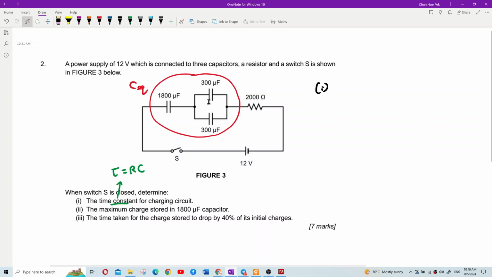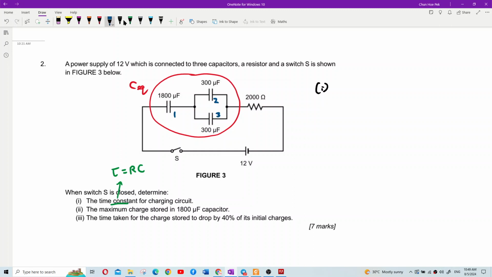So these two in parallel we combine first. What is the formula to combine two capacitors in parallel? We total up, isn't it? Okay, label first: 1, 2, 3.